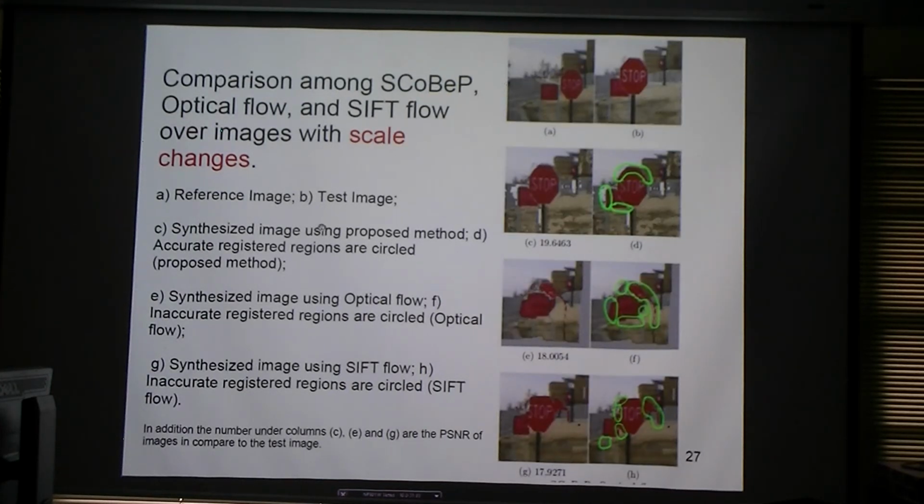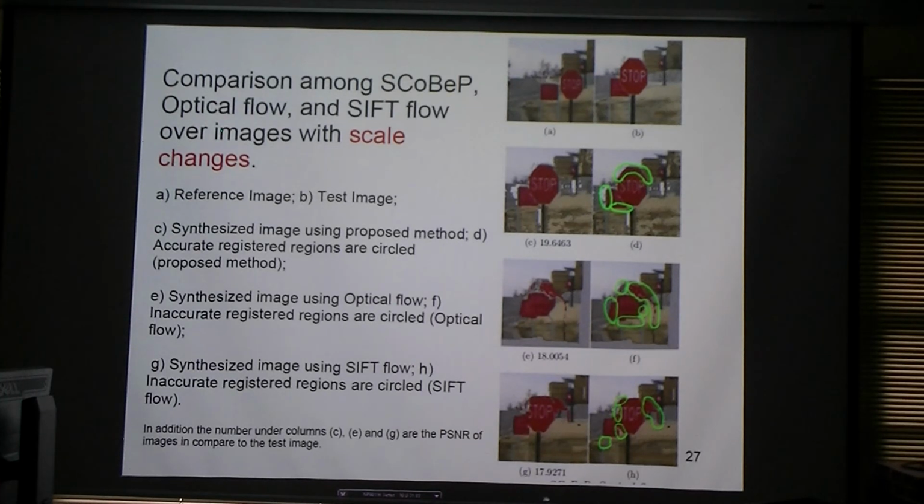Here you have the comparison over images with scale changes. For all of the results, the first one is the reference, the second one is SCoBeP, the third one is the optical flow, and the last one is the SIFT-flow.